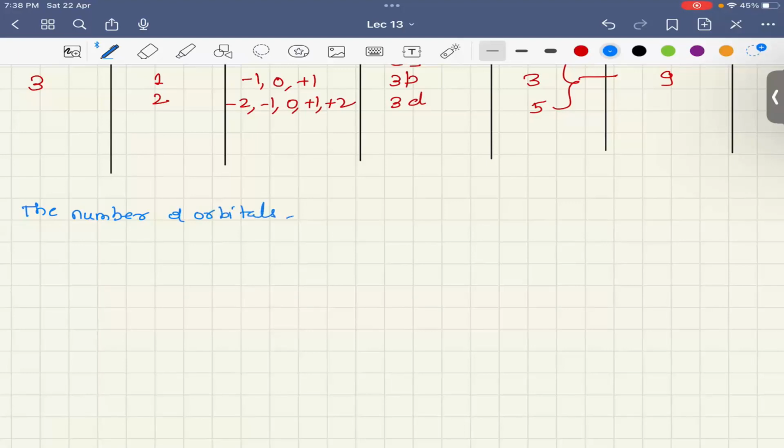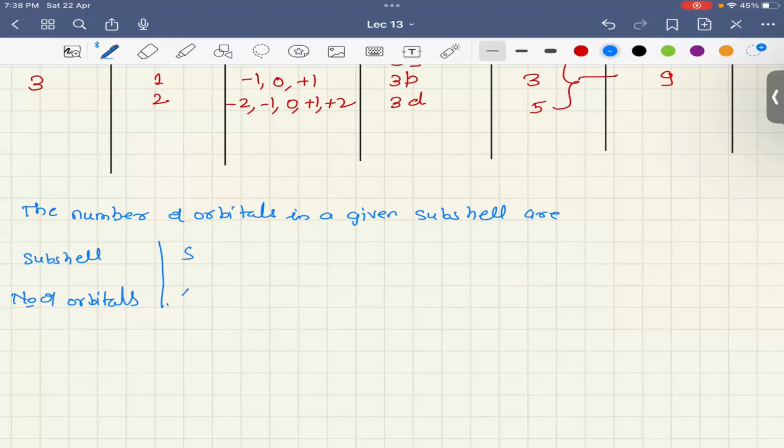Let's say this is subshell, this is number of orbitals. For s it is going to be 1, for p it's going to be 3, for d it is going to be 5, for f it is going to be 7, and so on and so forth, right?